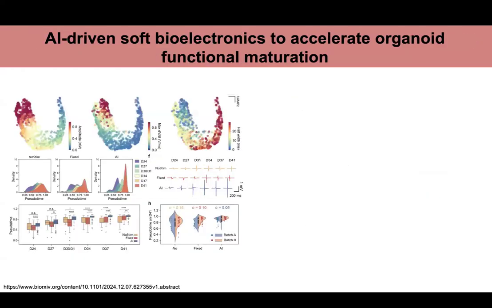And how does the result look? After this AI-driven stimulation, the pseudo-time of the electrical recording data significantly shifted towards a more matured state. And if you look at the raw data, the amplitude of the action potential collected from the cardiomyocytes becomes much larger. And more interesting is that the batch-to-batch variation has been substantially reduced.